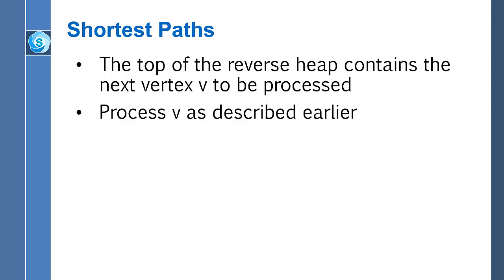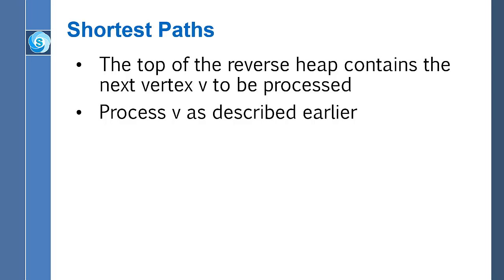U dot d is the current known distance from S to U, right? It might be infinity. If it's infinity, that means that this vertex U was undiscovered and now has just become discovered, right?